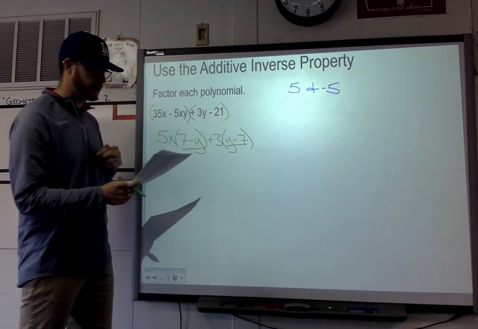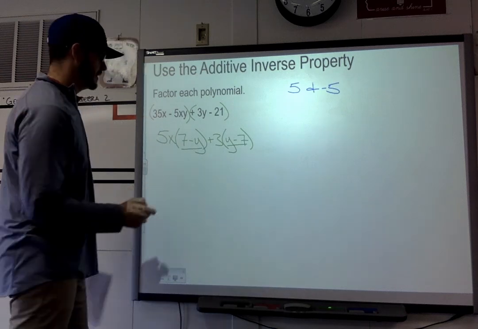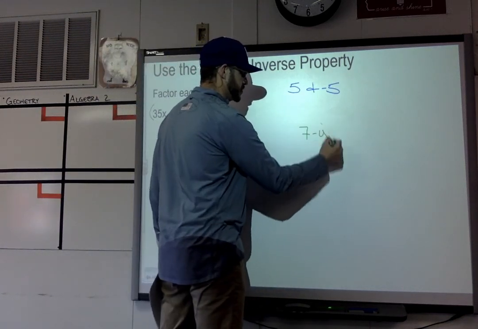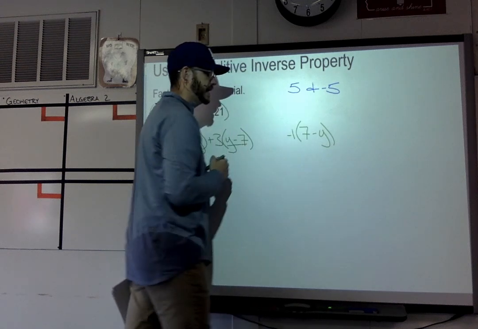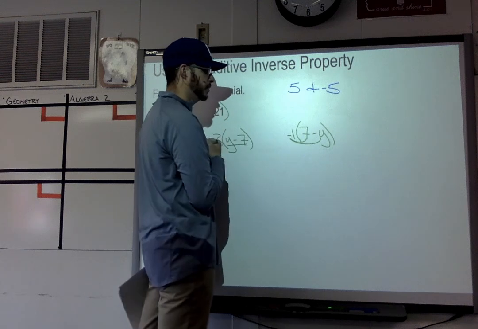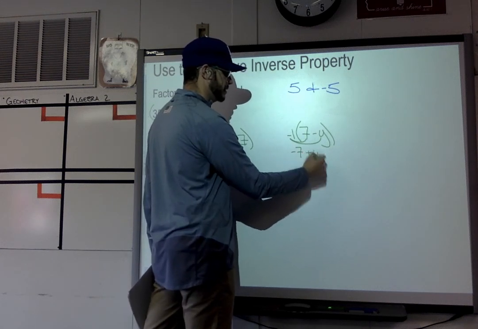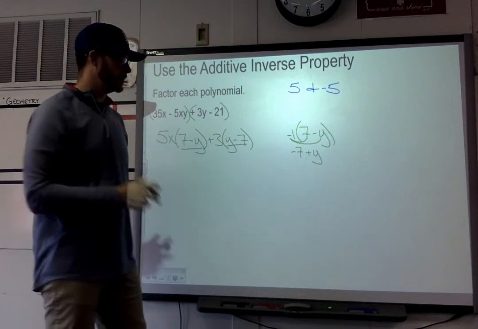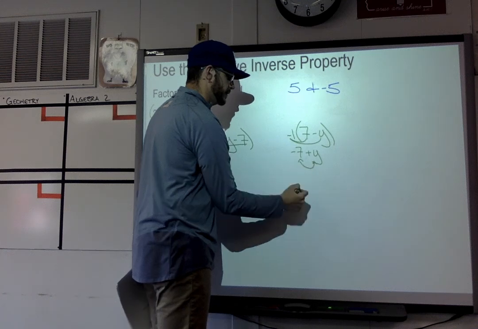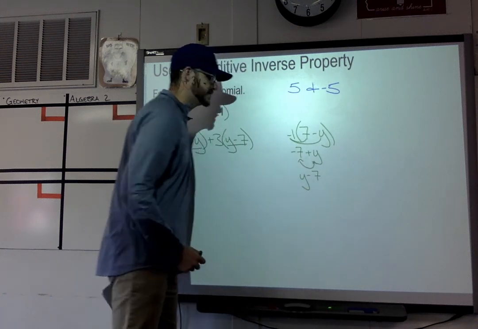So what I'm going to do in order to be able to switch those around is if I take 7 minus y and I multiply it by negative 1, which means I'm going to distribute that negative 1 to both terms, that's going to give me negative 7 plus y, which I can then change the order of this to give me a positive y minus 7.